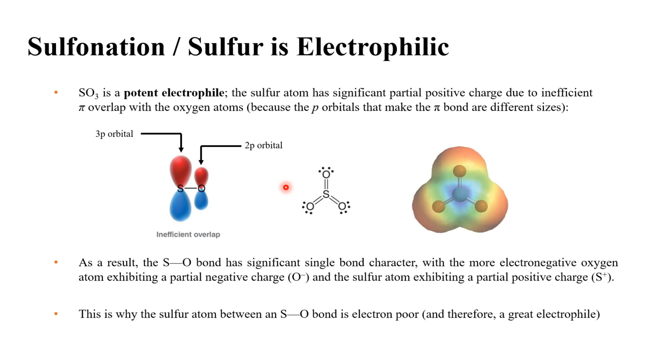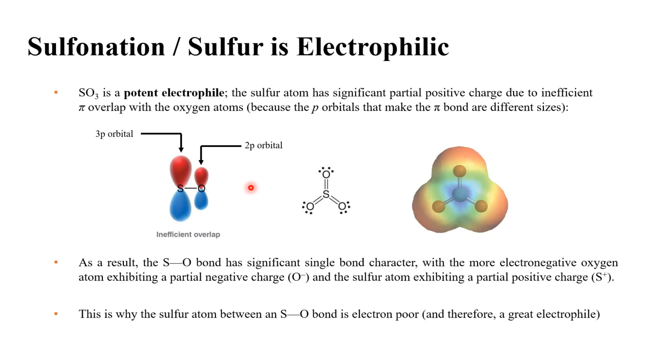And because it's more single bond character, from a bond polarity standpoint, more of the electron density is concentrated on the oxygen than on the sulfur, for the reasons I described earlier, right? One atom is more electronegative than the other. Oxygen is more electronegative.